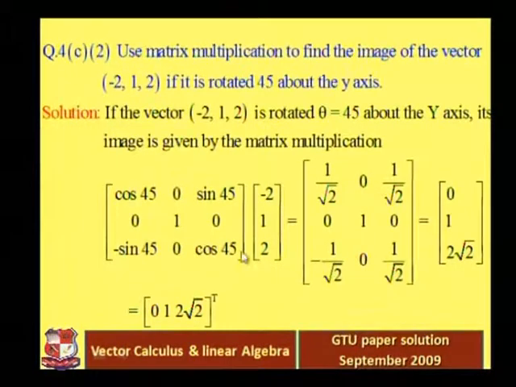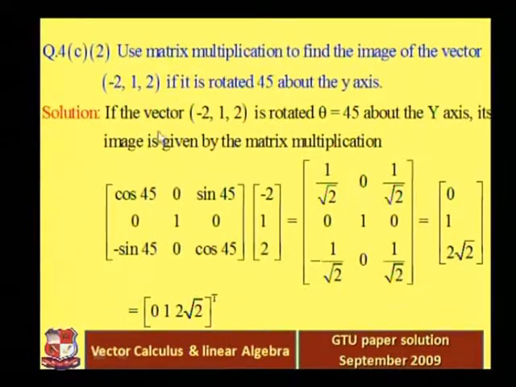This is the second part of question 4C. Use matrix multiplication to find the image of the vector minus 2 1 2 if it is rotated 45 degrees about the y axis.